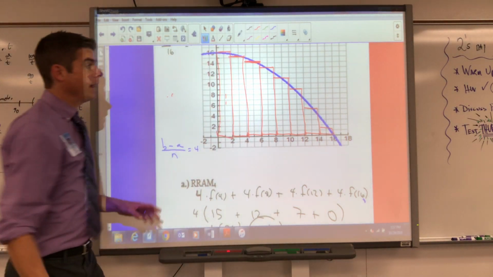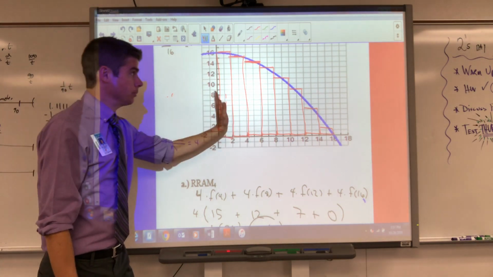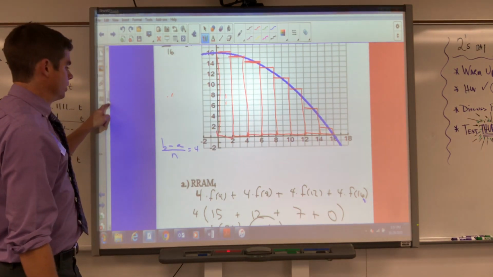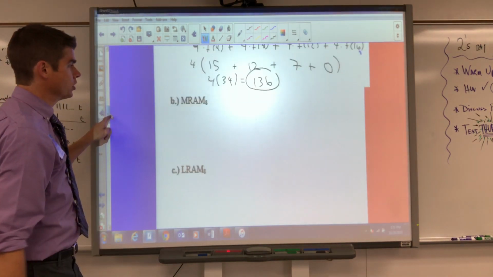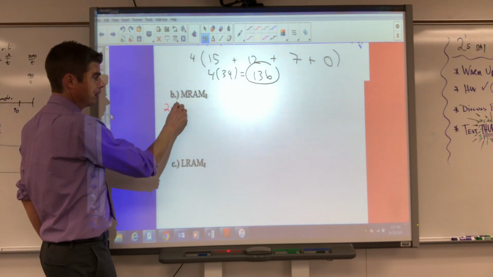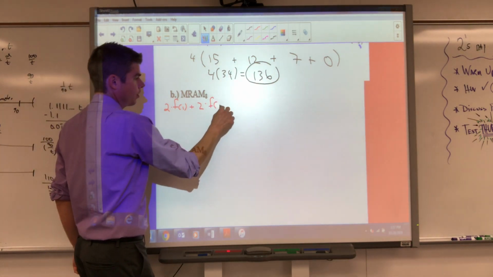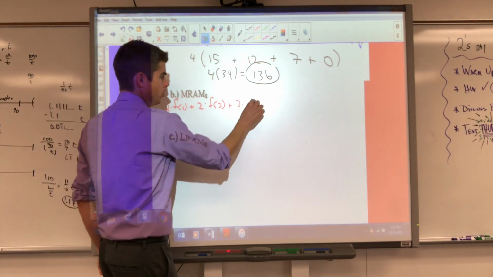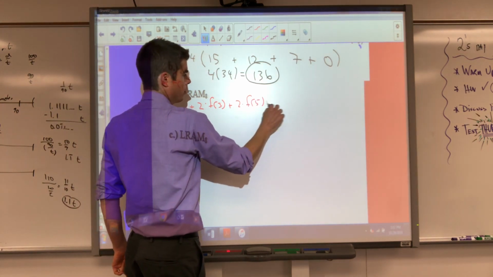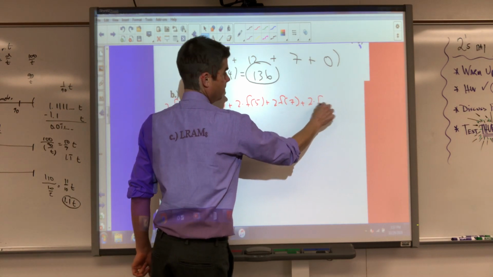And so I would add up all of those areas in terms of rectangles. Again, just base times height, base times height, base times height. And just in terms of the notation of our function, every rectangle is a base of 2, and then the height of the first one would have been f of 1, plus 2 times f of 3, plus 2 times f of 5, plus 2 times f of 7, plus 2 times f of 9.